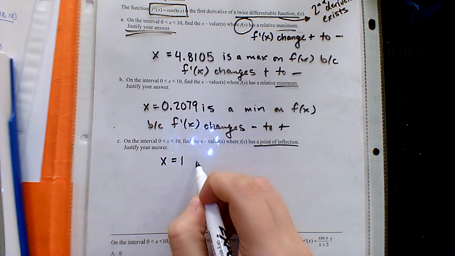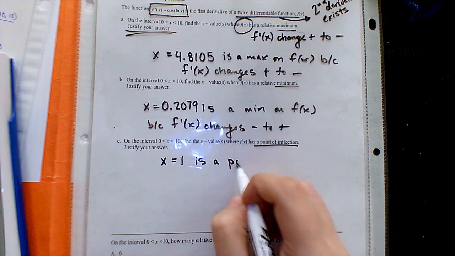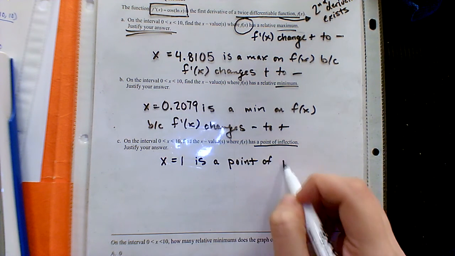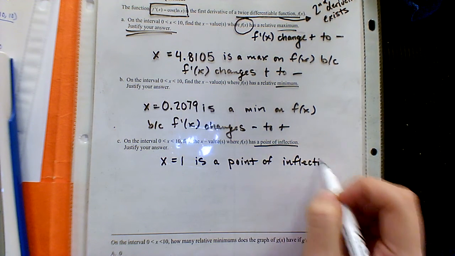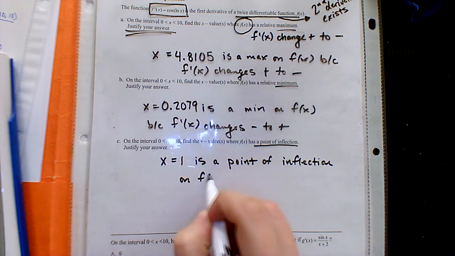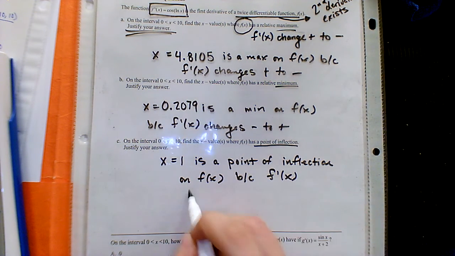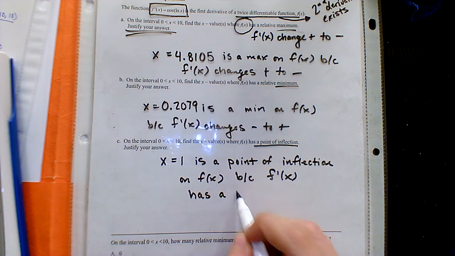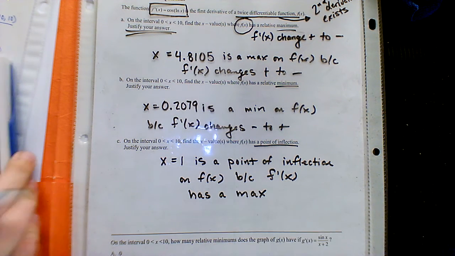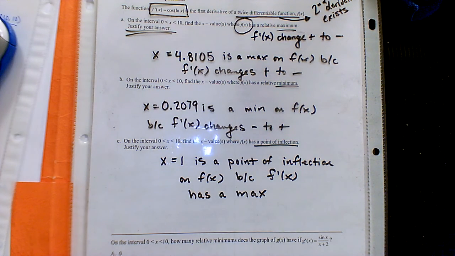So x equals 1 is a point of inflection on f of x because the first derivative has a max in this case.